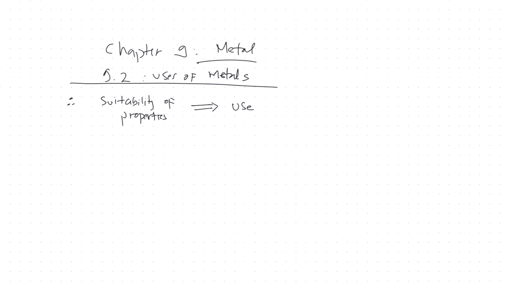Okay, so what is the most common need of metal? Usually, most applications require us to think it's going to be strong, but it's also going to be relatively cheap.